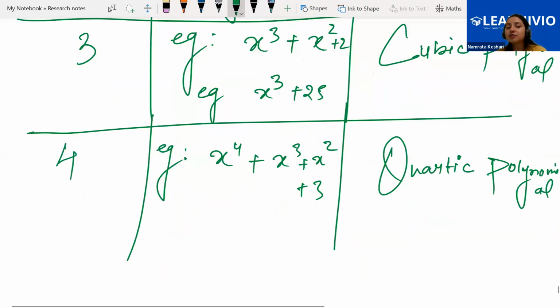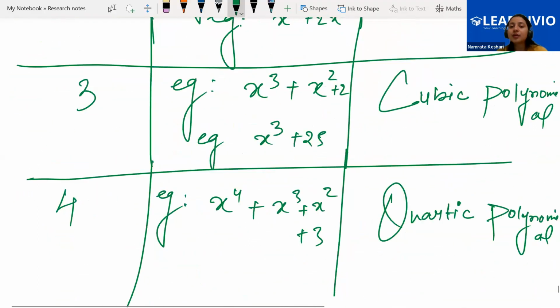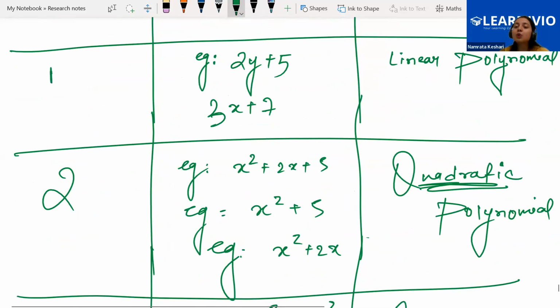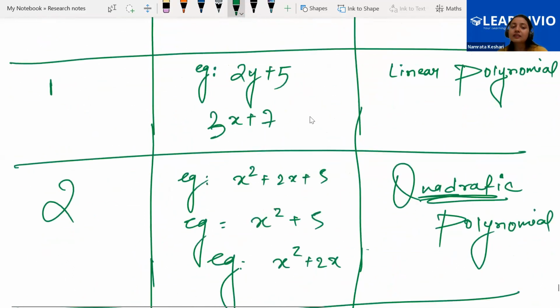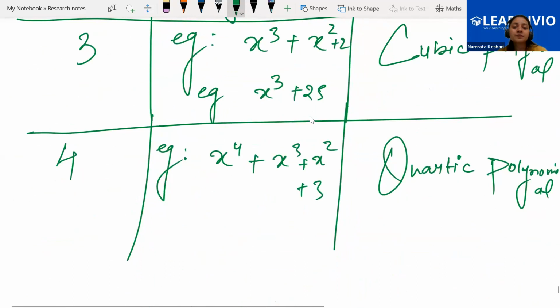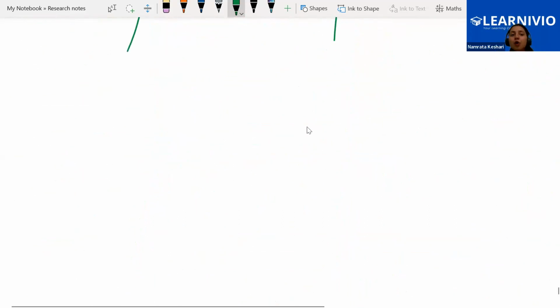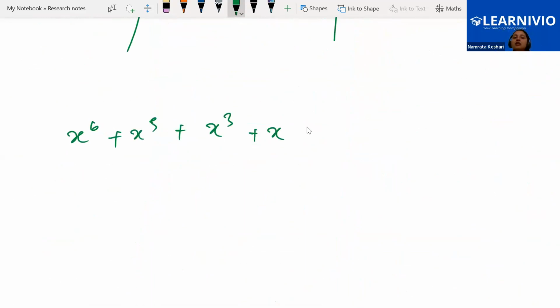So please don't get confused between degree 2 and degree 4, because for degree 2 the name is quadratic, and for degree 4 it is quartic. And this much only we have to learn, Sara. After that, when the degree is 5, 6, 7, suppose in your exam a question comes: x to the power 6 plus x to the power 5 plus x cube plus x, what is the degree of this polynomial, Sara? 6.